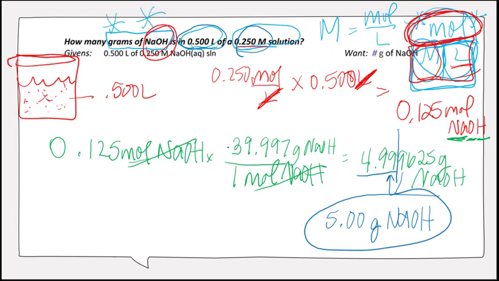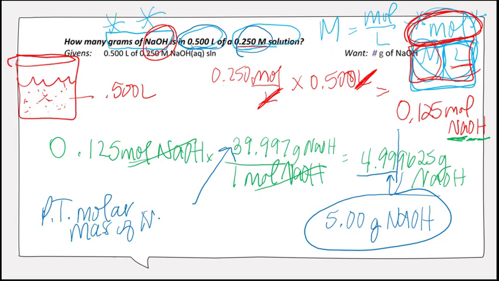Remember, how did I get this 39.997? I looked at the periodic table to find the molar mass of NaOH, which is 1 Na plus 1 O plus 1 H to get that 39.997.